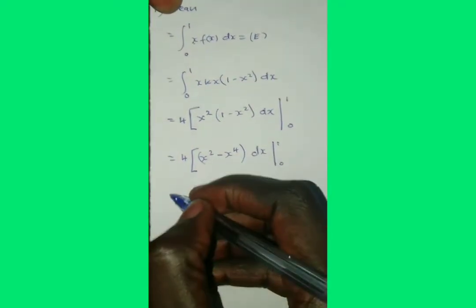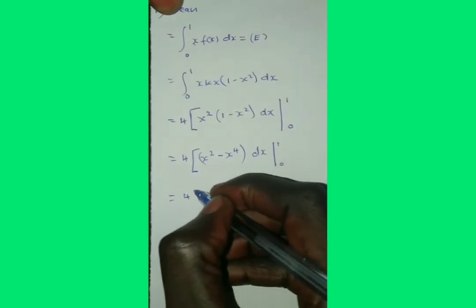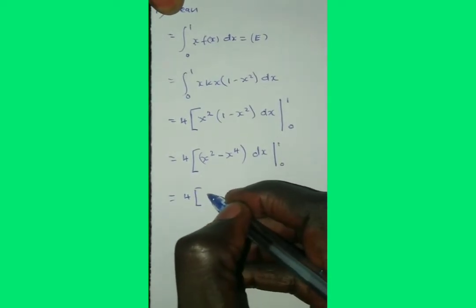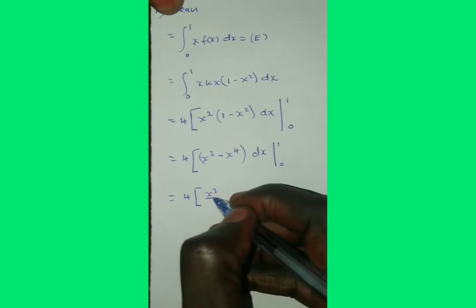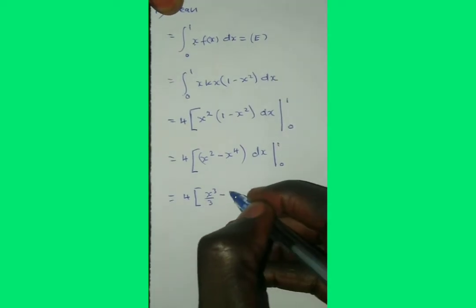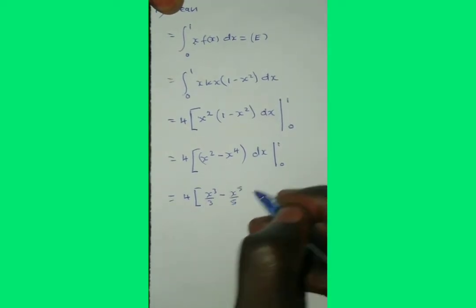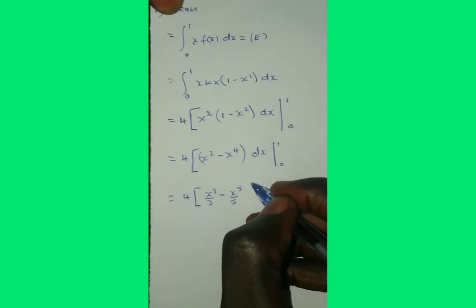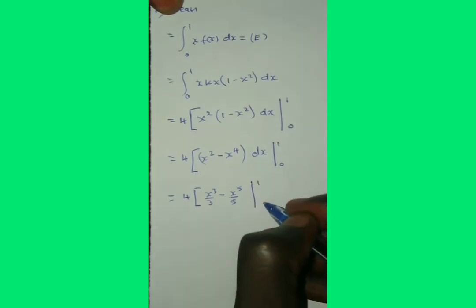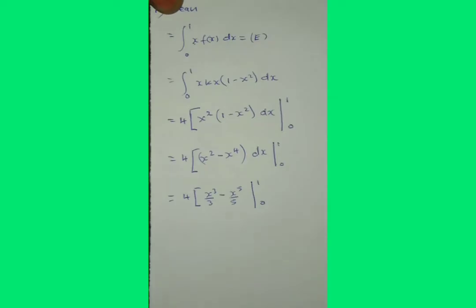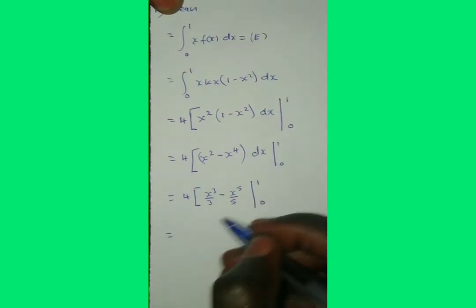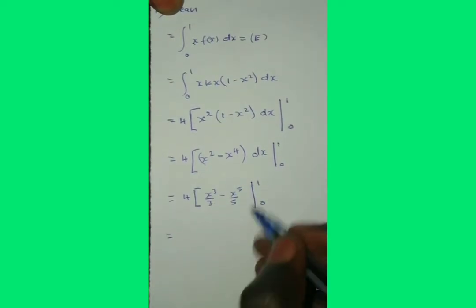So let me integrate the values that are inside. This will be x raised to power 3 divided by 3 minus x raised to power 5 divided by 5, and then our limits are still outside. Anywhere there is x I replace it with 1.